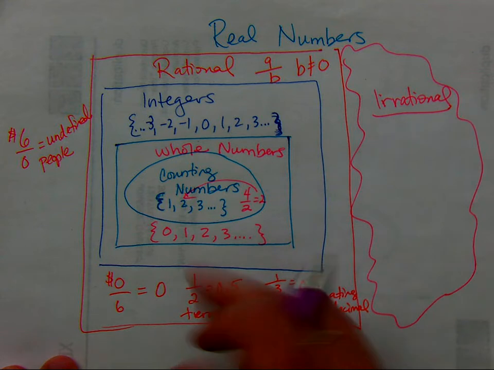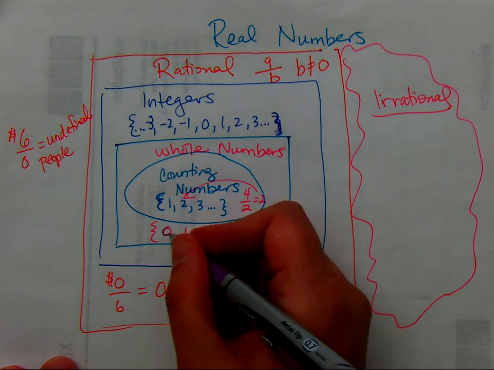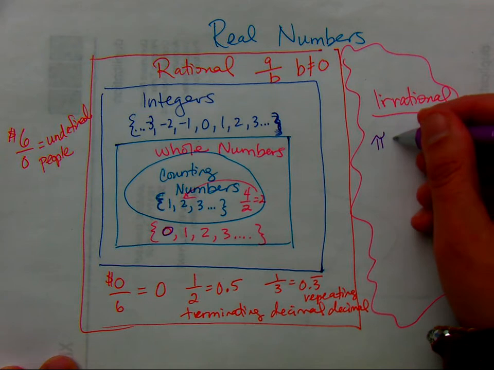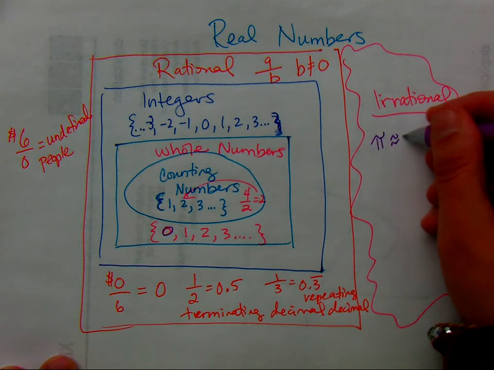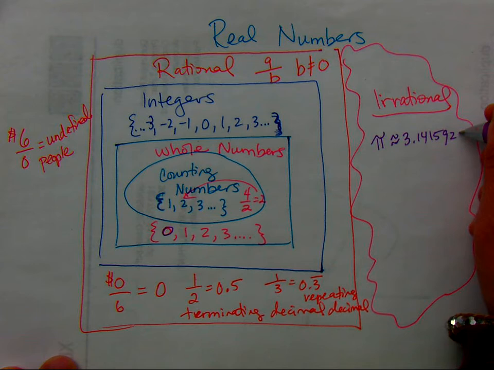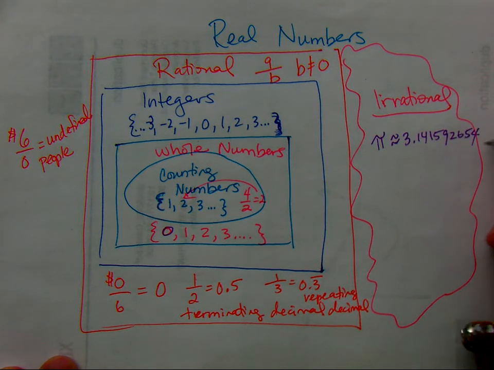It's actually, 0 is a whole number, right? It would be pi, which is approximately 3.141592654, rounded off, right? And ellipsis, it goes on for infinity.